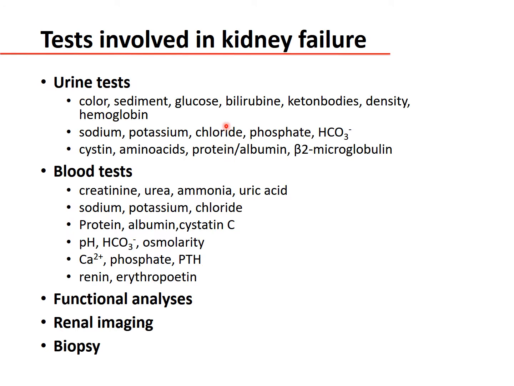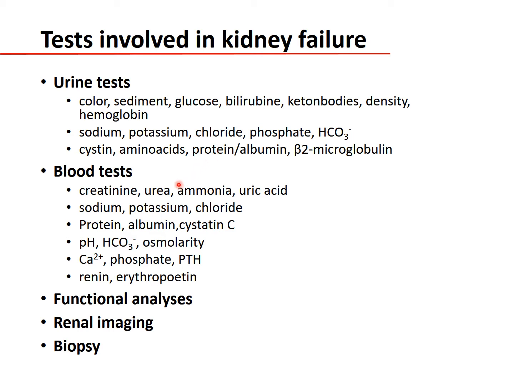Now, what can we evaluate to test kidney failure? First of all, there are two sides of the kidney. One is the urine that is produced, and the other is the blood. In the urine, we can test the volume, color, sediment, glucose, bilirubin, ketone bodies, density, hemoglobin, sodium, potassium, chloride, and so on.